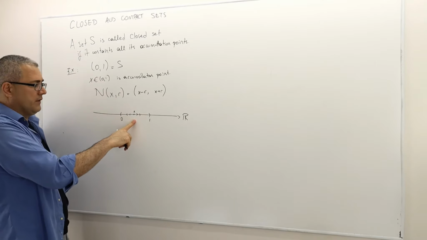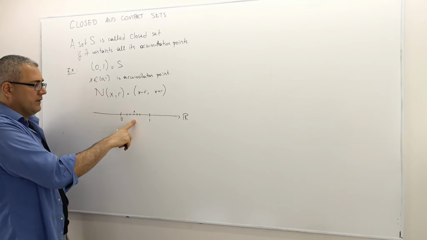So in fact, if you call this new set S sub A the set of accumulation points of set S, then you're going to see that S sub A is equal to the (0, 1) closed interval, because everything in between 0 and 1 is an accumulation point, 0 is an accumulation point, and 1 is an accumulation point.